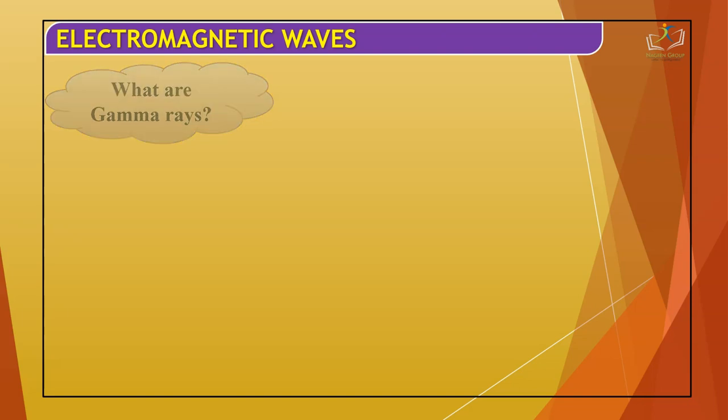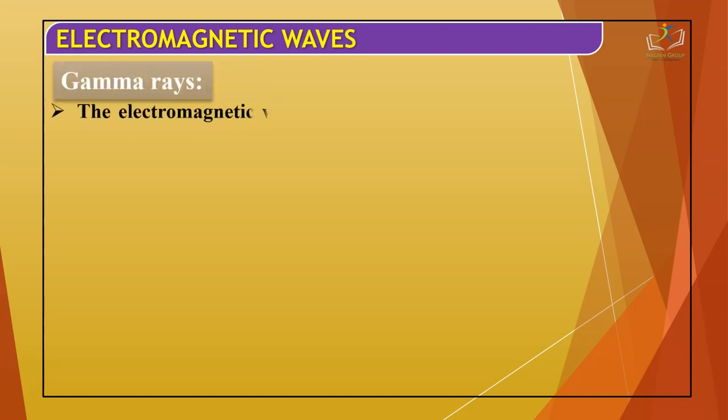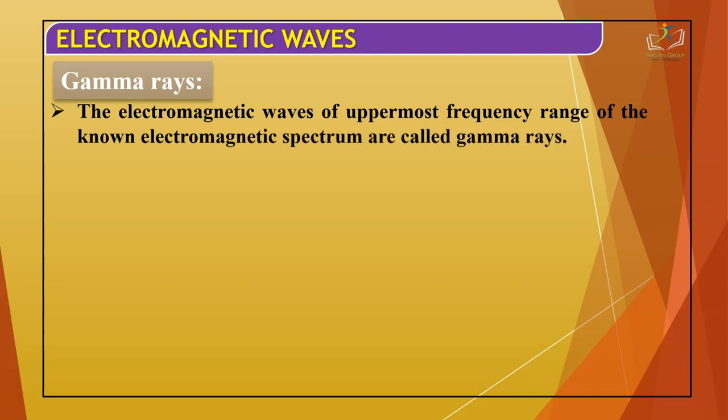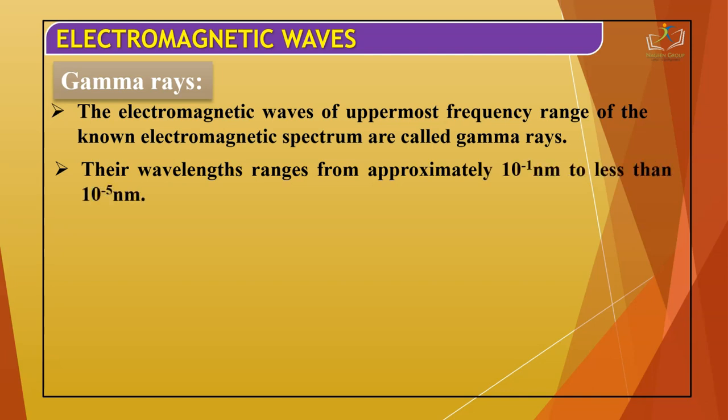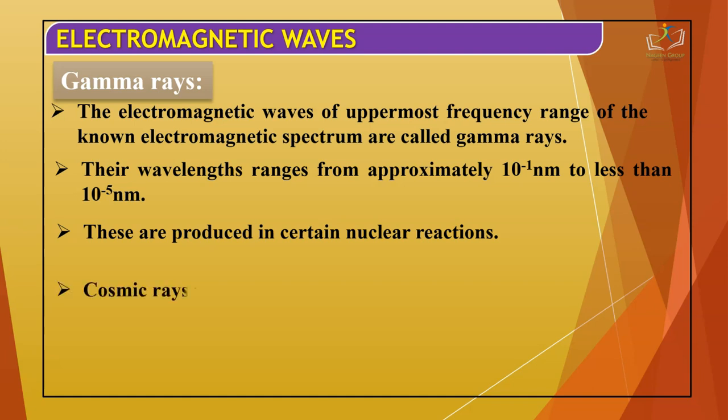What are gamma rays? These are electromagnetic waves of the uppermost frequency range of the electromagnetic spectrum. Their wavelength range is approximately 10^-1 nanometer to less than 10^-5 nanometer. These are produced in certain nuclear reactions.